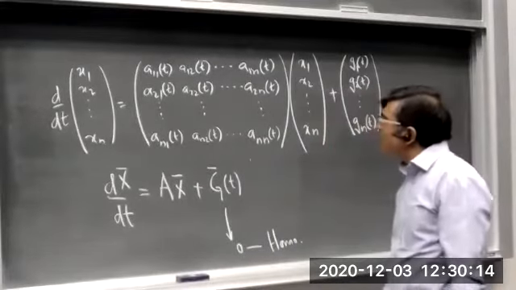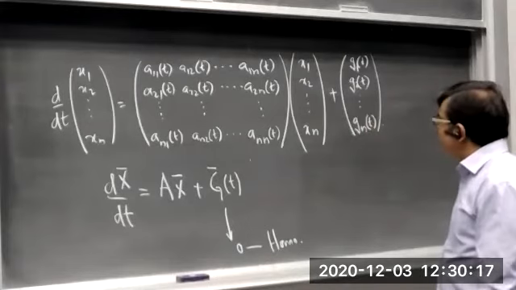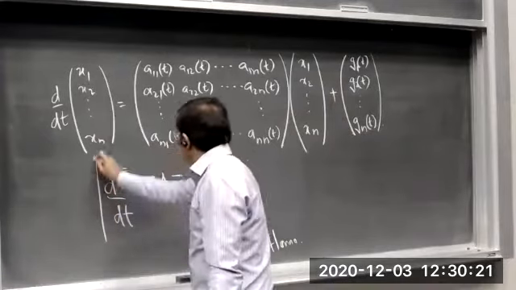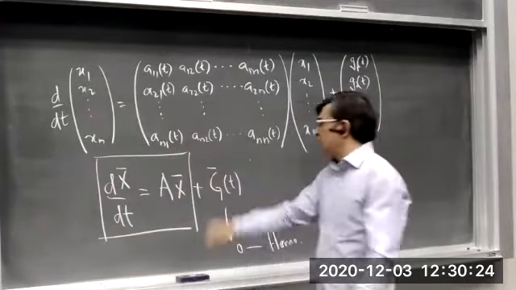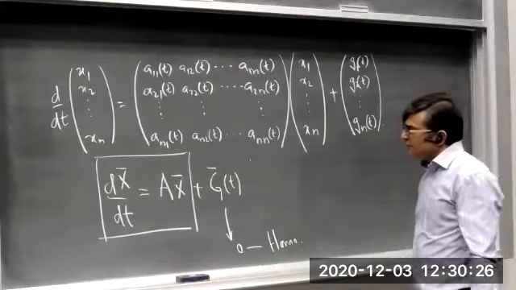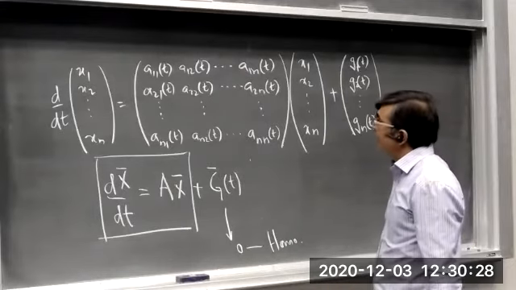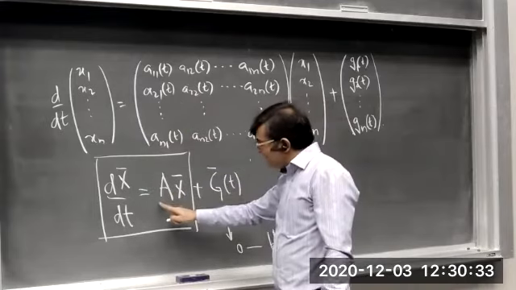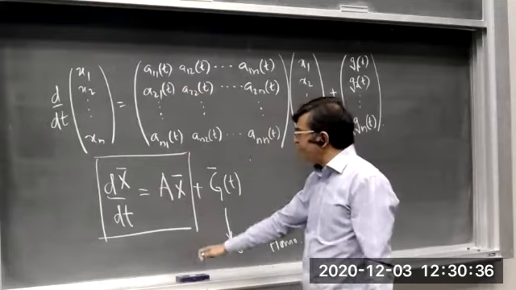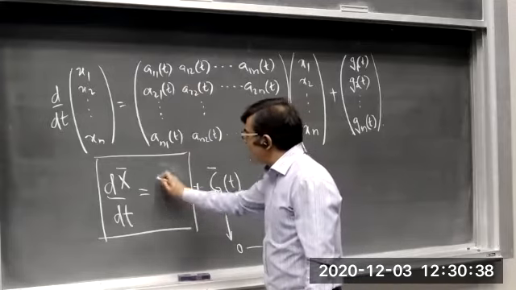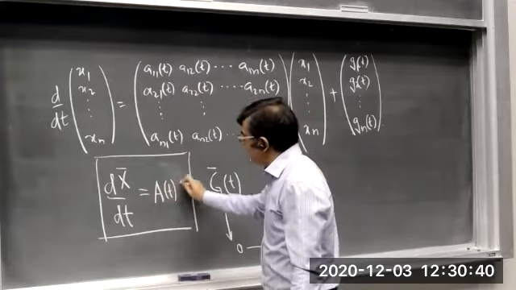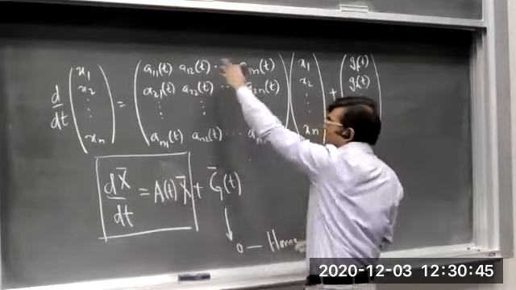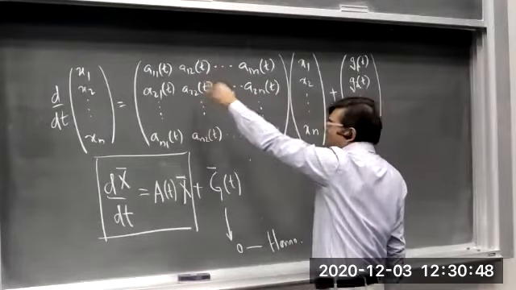What we are going to deal with: first we shall deal with homogeneous linear systems, the system of linear equations of first order. First we will deal with this coefficient matrix A. Here the coefficient matrix A is a function of t, times x, because this matrix has entries which are functions of t.